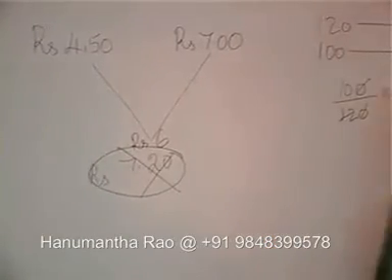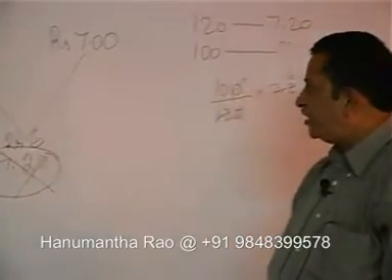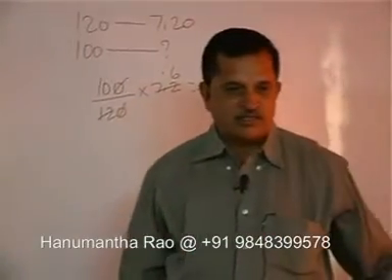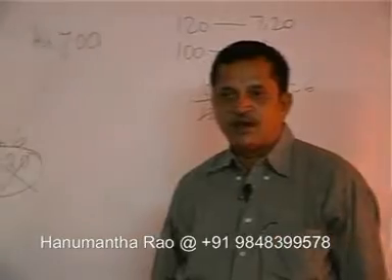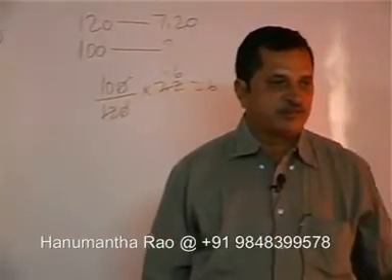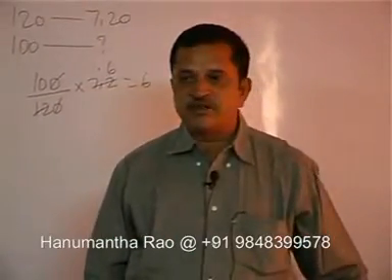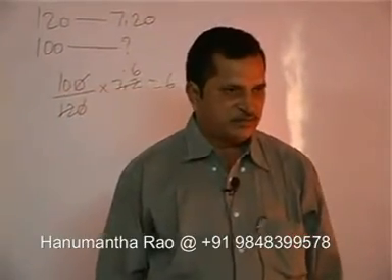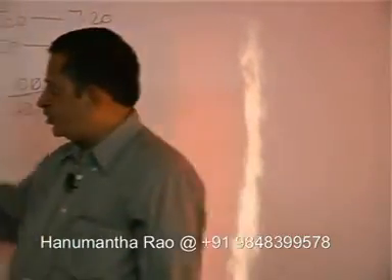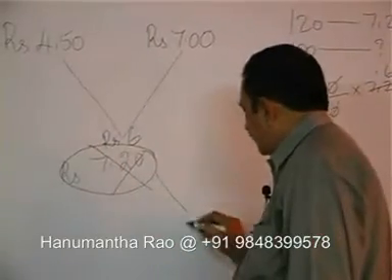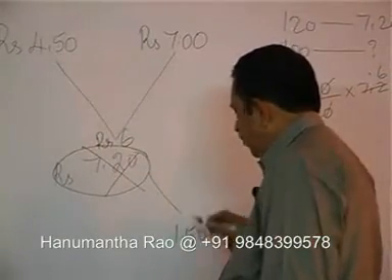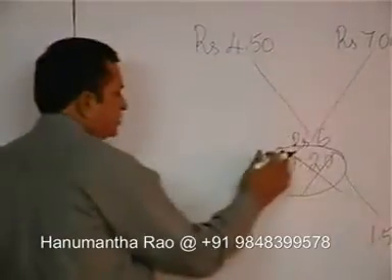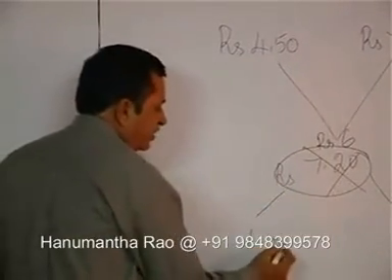So the problem is clear. One variety of rice is 4.50, the other variety is 7 rupees. After mixing, the cost price has come to 6 rupees. 6 rupees worth of mixture we sold for 7.20 and got a profit of 20%. So 4.50 and 6 rupees difference is 1 rupee 50 paise. 7 rupees and 6 rupees, the difference is 1 rupee.